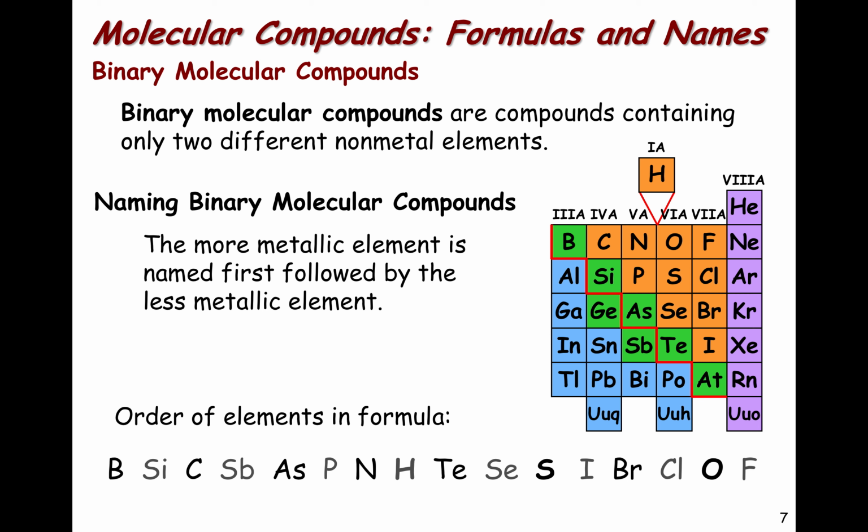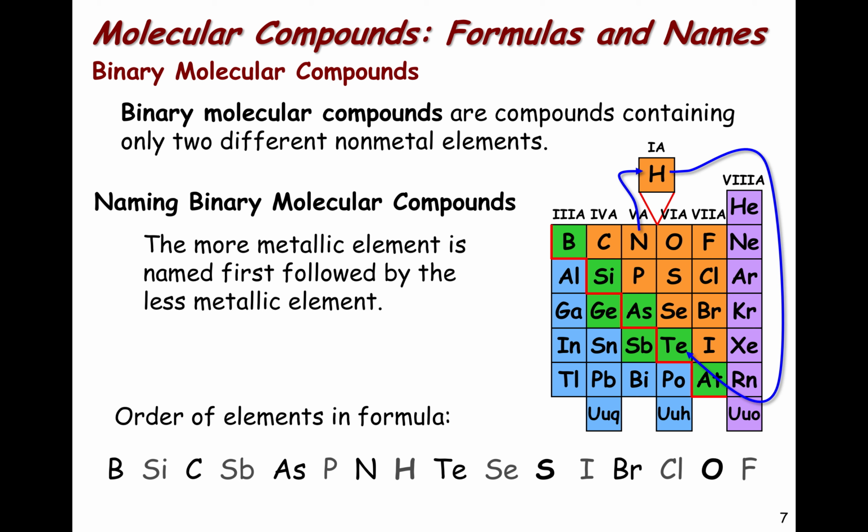Hydrogen is normally found way over the top of group 1. However, in this particular case, it's useful to think of it as being somewhere in between nitrogen and oxygen in terms of its metallic properties. And so that then dictates that if you have a compound that has, say, nitrogen and hydrogen in the formula, the nitrogen would come first.